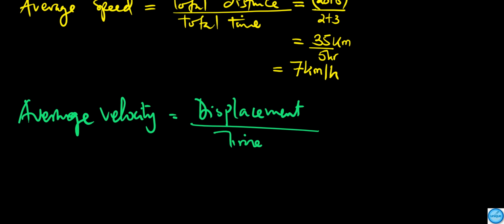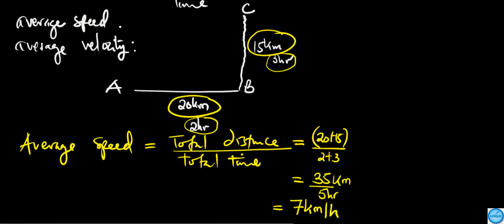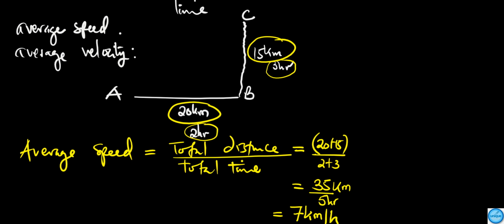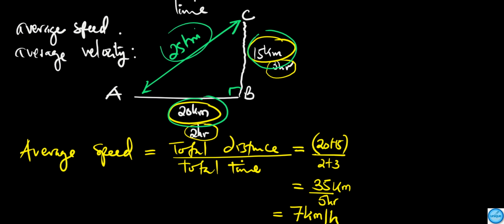So to find the average velocity of this cyclist, we need to find the displacement. We found earlier that it was 25 km using Pythagoras theorem: we square and add, and the square root of 625 is 25. So here that's our 25 kilometers.